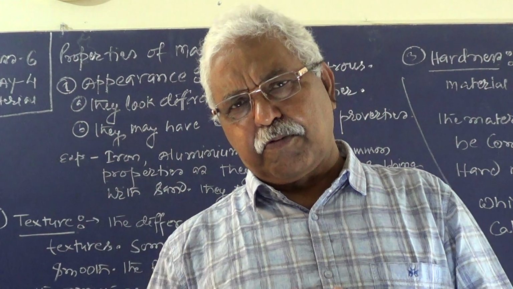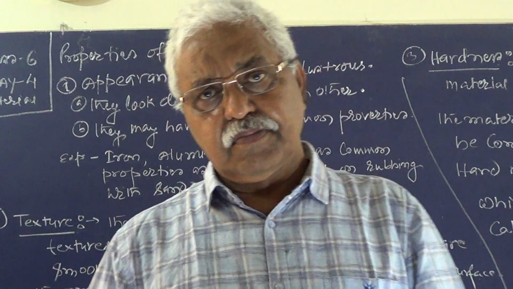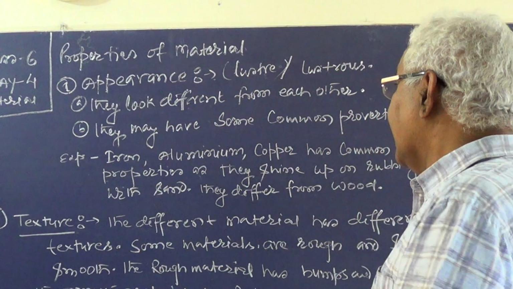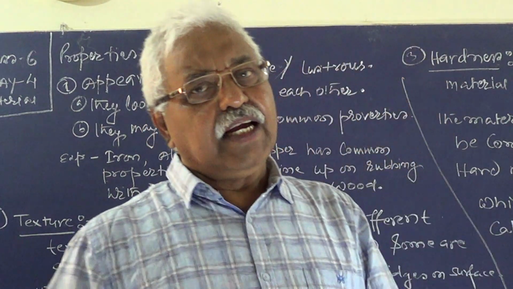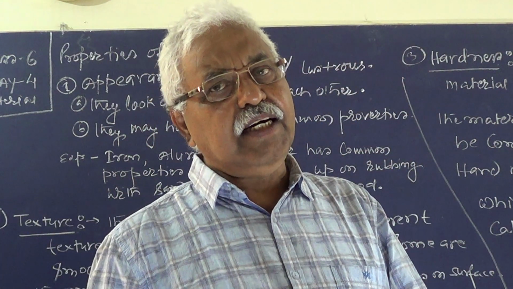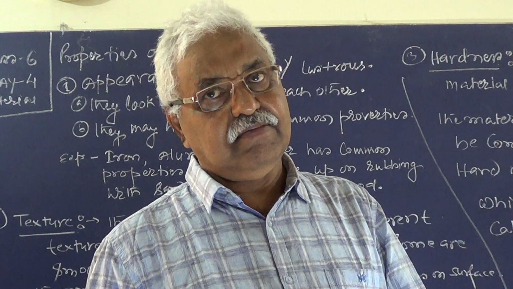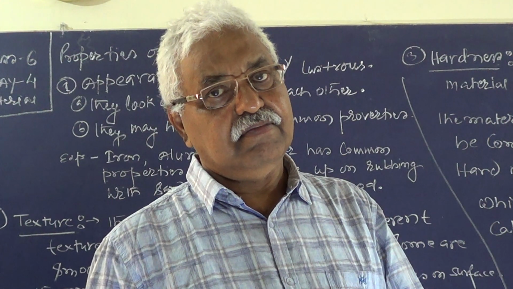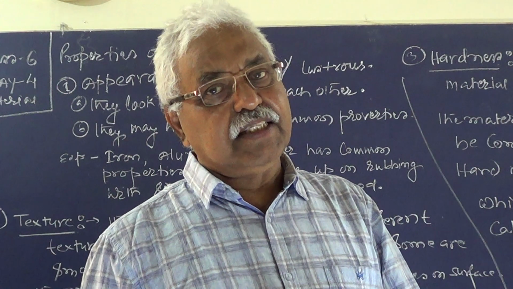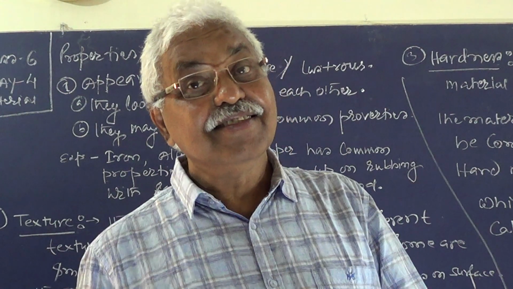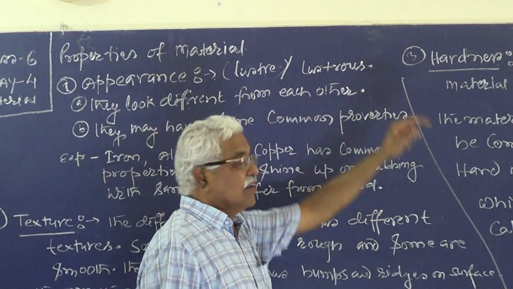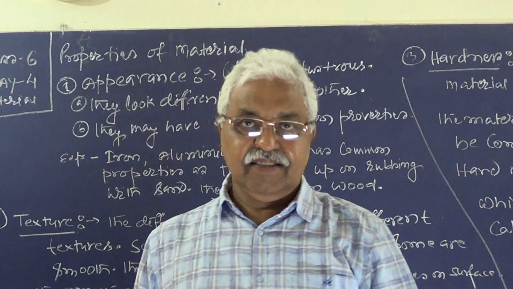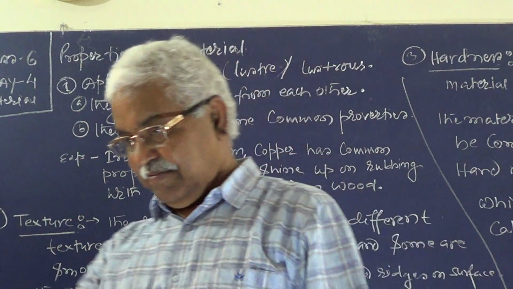What is that shining property? It is a shining appearance. It is a property of appearance, that is luster. We have written appearance, luster or lustrous. Then what is luster?